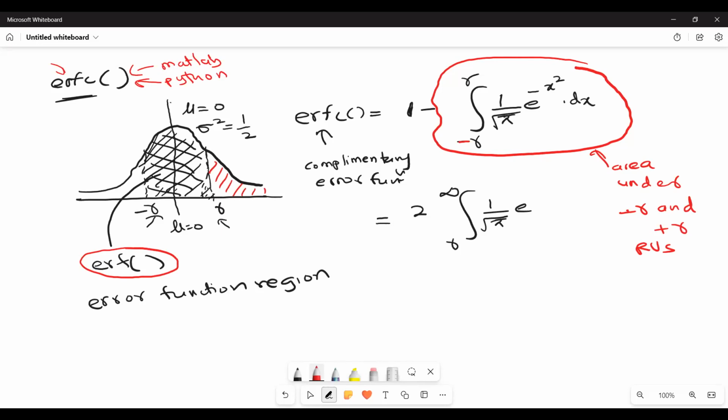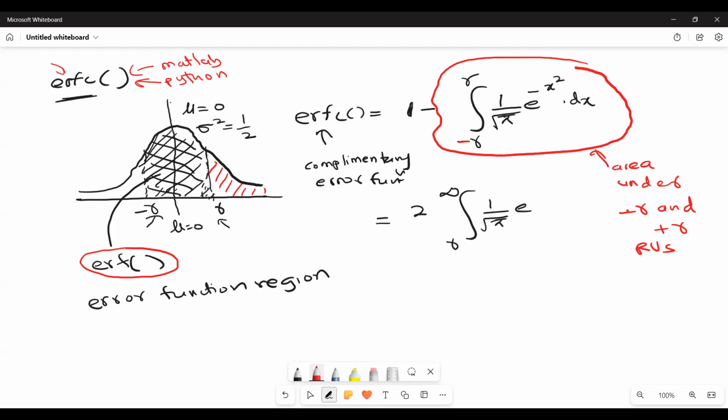What we need to do is give the region of the random variable values. Once I give the region, then it will calculate the error function value for me. So the integration is a standard integration that is defined in many statistical applications.